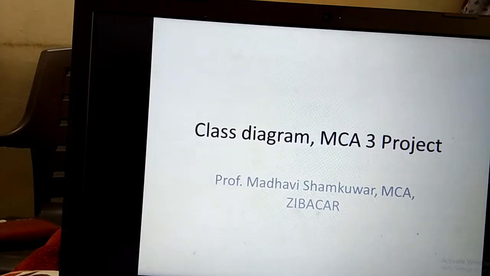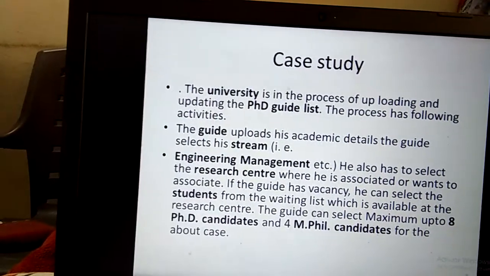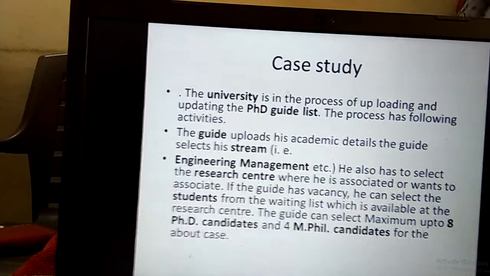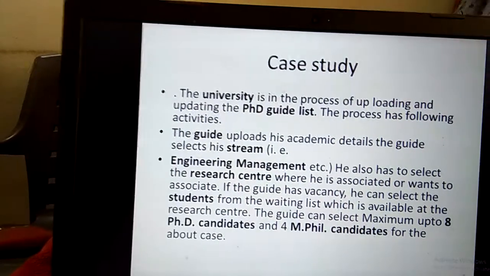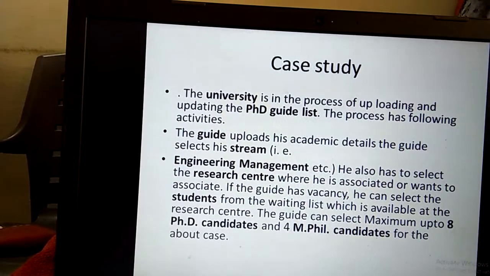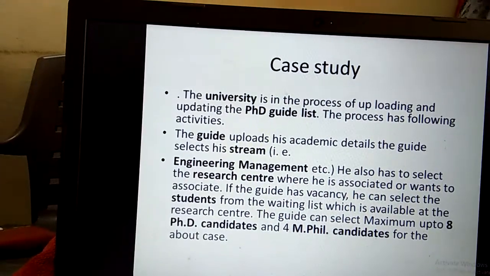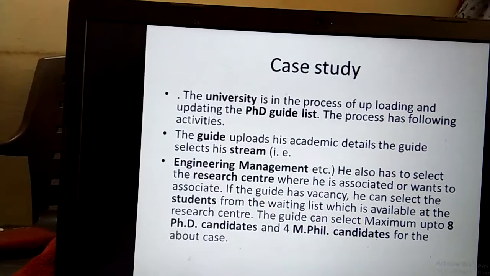I have considered here a case study which deals with the university's procedure to select the research center and to select the research scholar as PhD candidates or as MPhil candidates by the PhD guide.